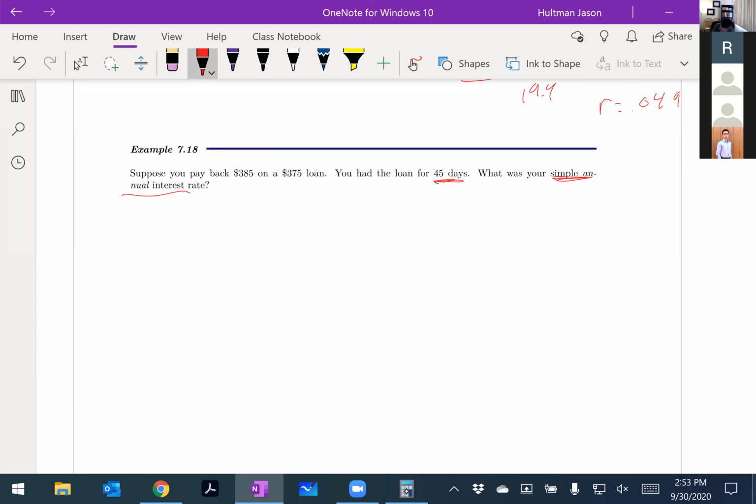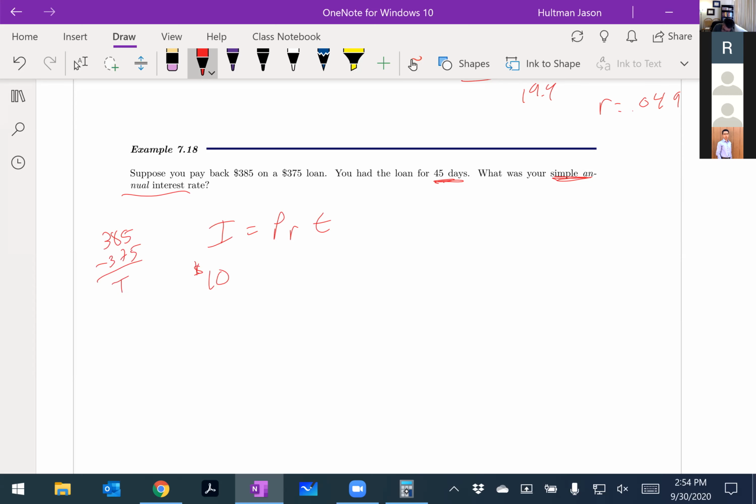Okay, 45-day loan. Interest is equal to principal times rate times time, right? So what's the interest on this loan? Well, the interest is $10 because it's just the 385 minus the 375.